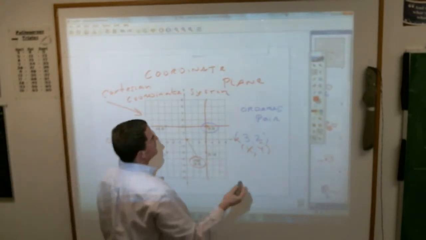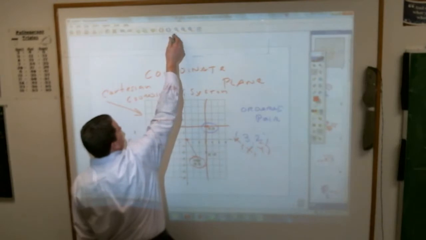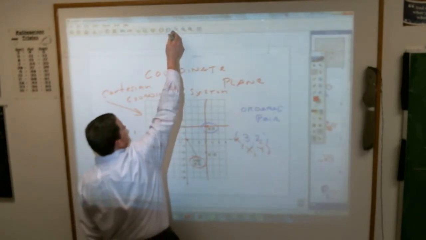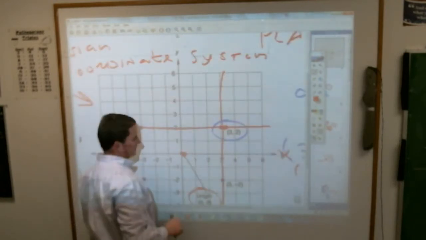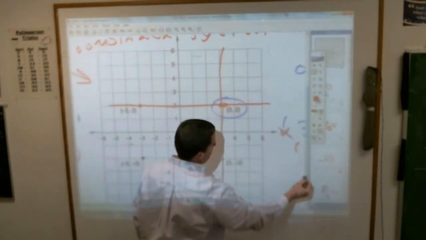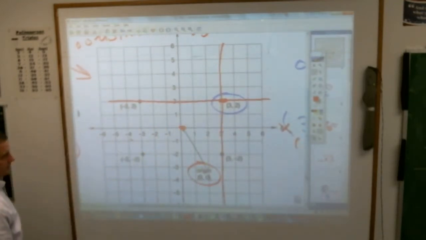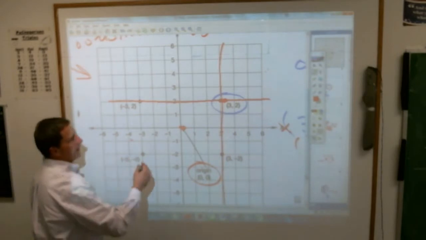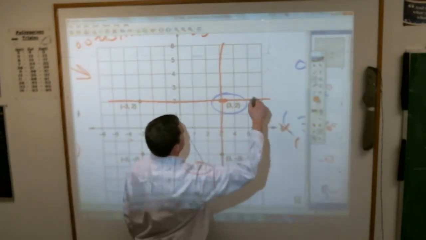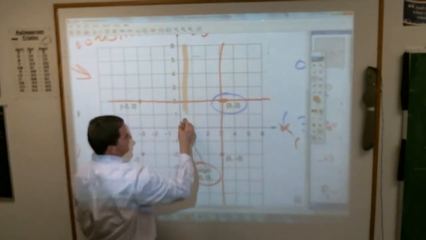In addition to that, maybe we can blow this up a little bit here. I don't know if you'll need to know this today or whenever. If you look at a Cartesian coordinate system and you look at the x and y axis, it is split into what we call 4 quadrants.